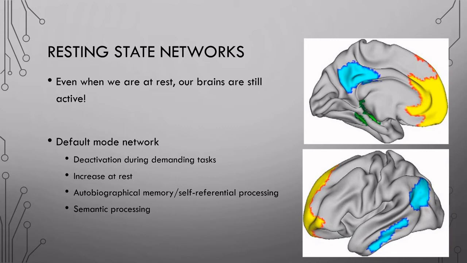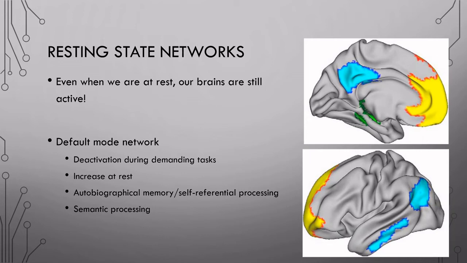And what researchers say with the default mode network is that there was deactivation when participants were engaged in demanding tasks, but then they saw an increase in activation and connectivity when the brain was at rest. So this default mode network really shines when people aren't doing much.